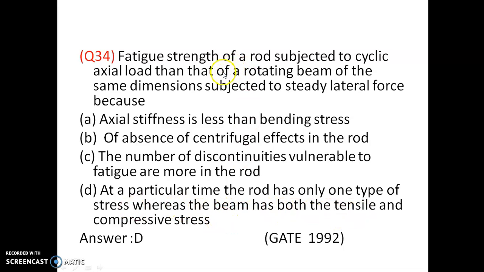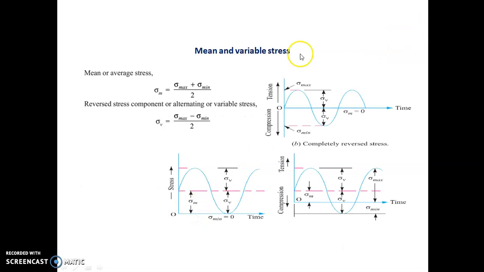Okay, fatigue strength is greater for the beam, because the beam has both tensile and compressive stress, but the rod has only one type of stress because it is subjected to cyclic axial load only. It is not subjected to the steady lateral force. Okay, option is D.